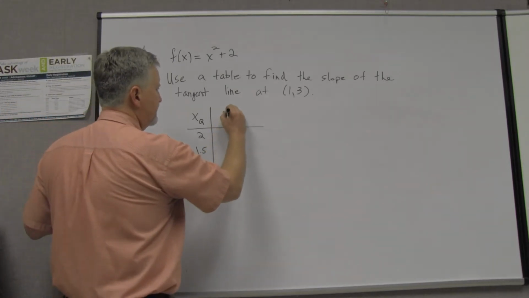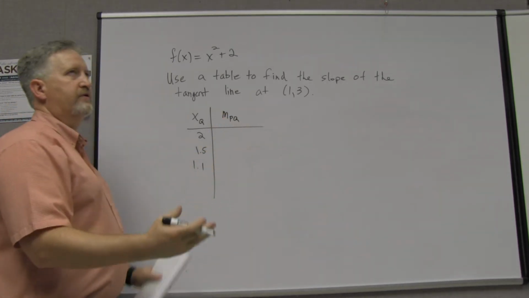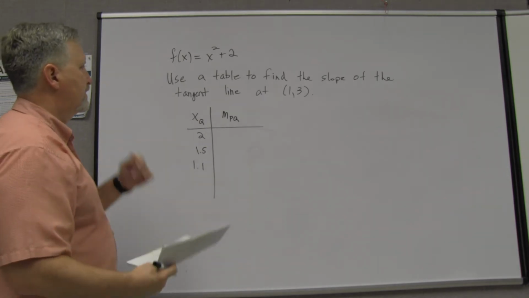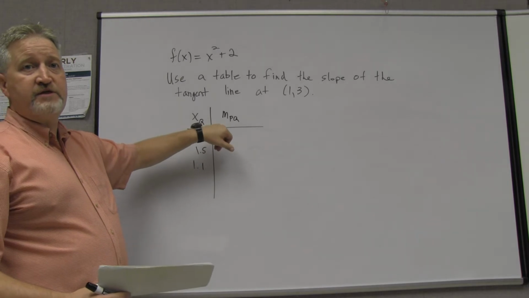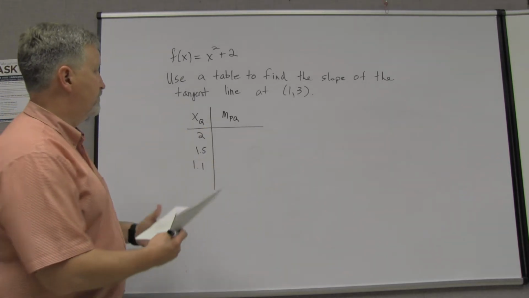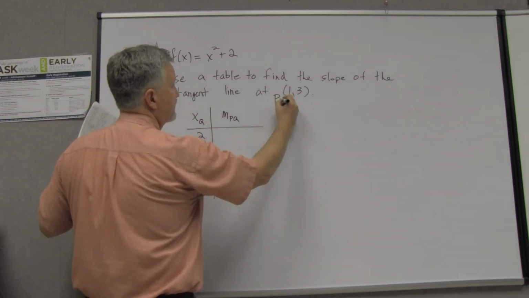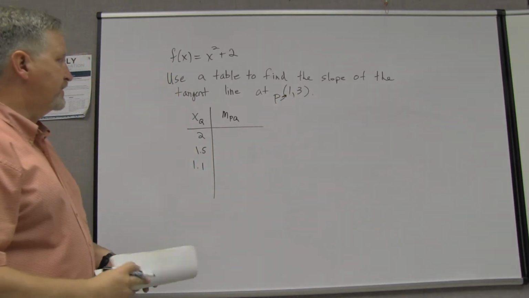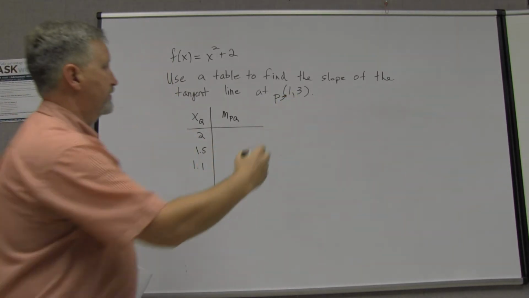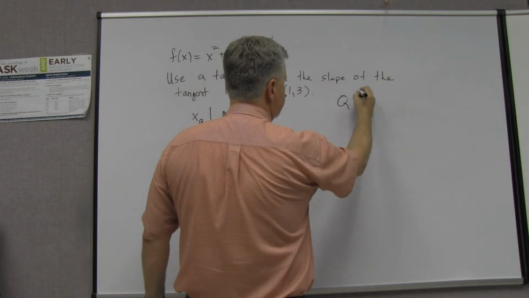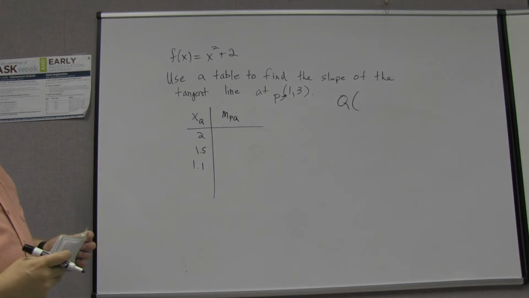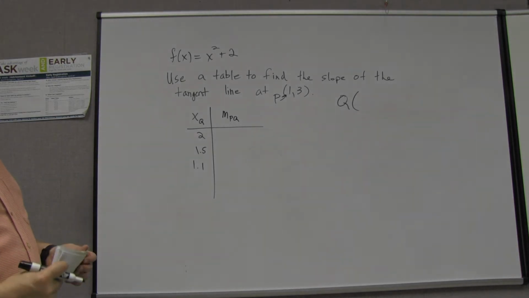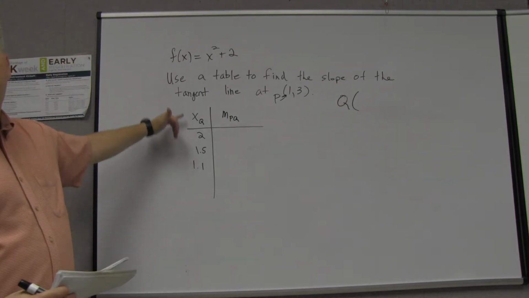So again, the difference on this table compared to the previous tables that we did with limits is I'm not doing function values here, I'm doing slope values, where m of PQ, so this is the P point, and then Q. All right, so let's think about Q here. In general, then, what's going to be my Q values? Like I said, those are going to be my x values.